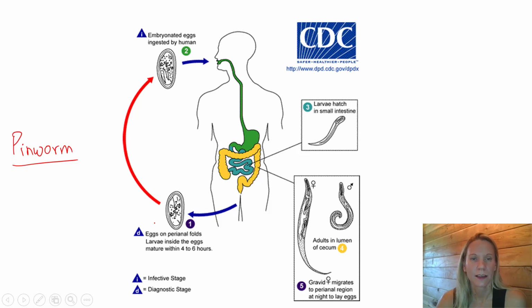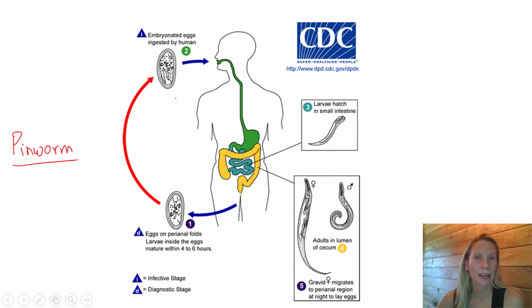And fecal to oral, so a healthy person ingests those eggs. Those eggs might be contaminating an object or bedding or clothing, so that would all be fomite transmission, or it could be from not washing your hands and preparing food. That could also transmit.